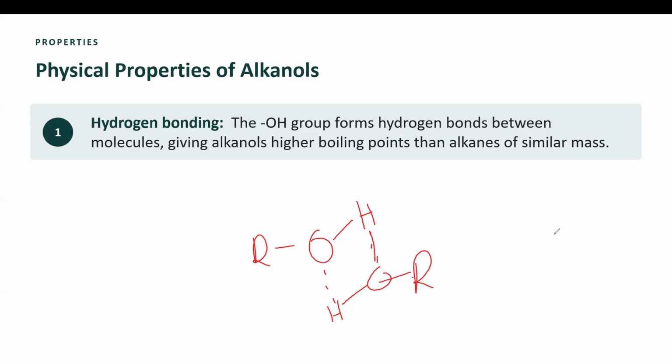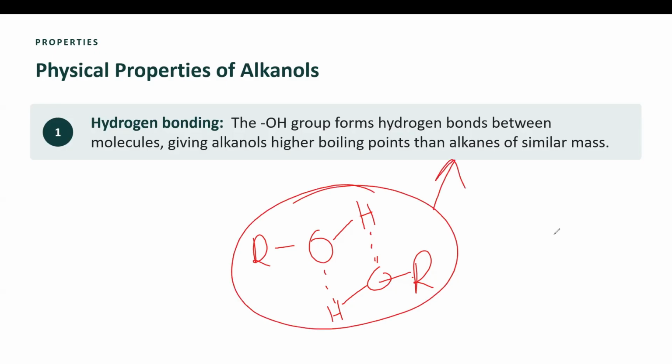So we use dotted lines for hydrogen bonds. I hope that is clear. Now, that said, this bond is so strong that it makes the boiling point of alkanols far higher than those of the corresponding alkanes. Are we together? Good. So let's clear this. Okafor, stay with me. I want us to go to the next one.